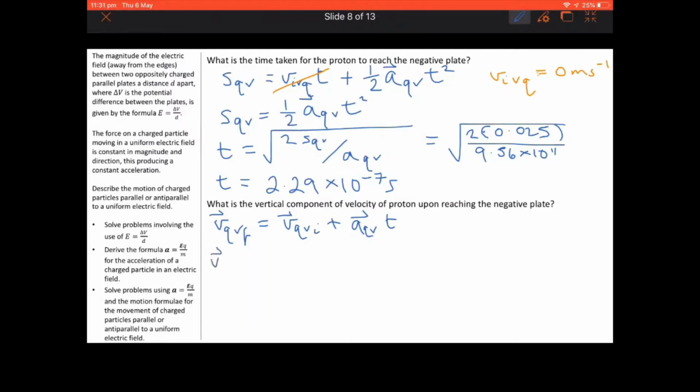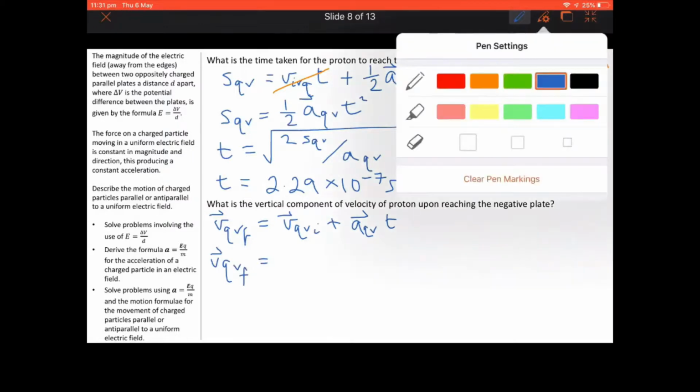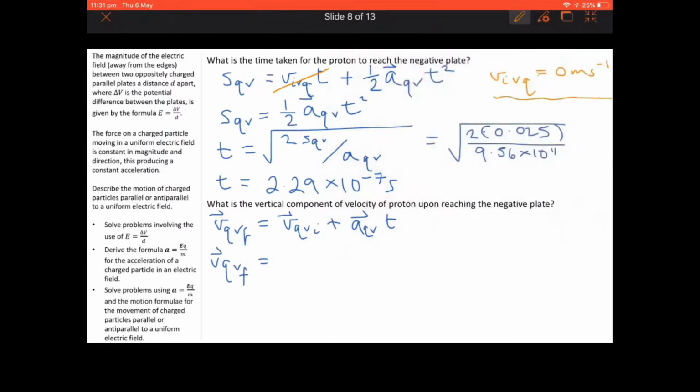This is what we're looking for here, the final velocity of the charge vertically. We already worked out that the initial velocity is going to be 0 because it starts off for a moment stationary.